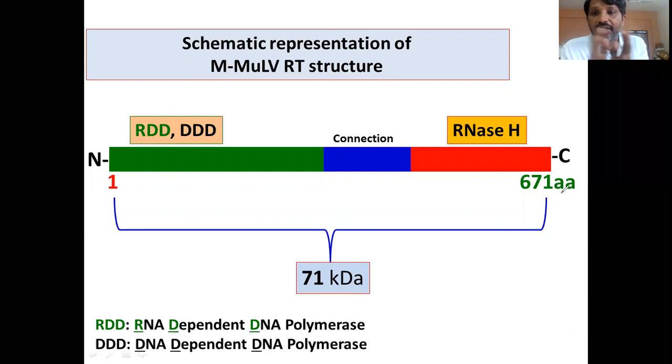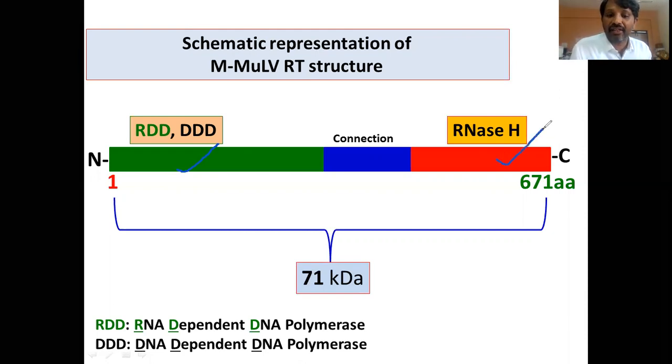If you look at the domain structure of this enzyme from murine leukemia virus, the N terminal has the polymerase activity, which is both RNA dependent DNA polymerase and DNA dependent DNA polymerase, and there is a connection, and the C terminal has the RNase H activity.